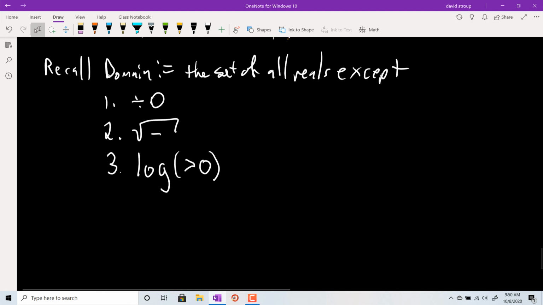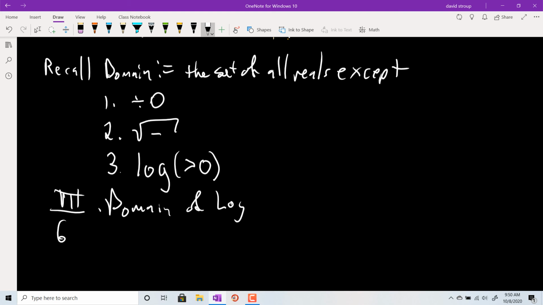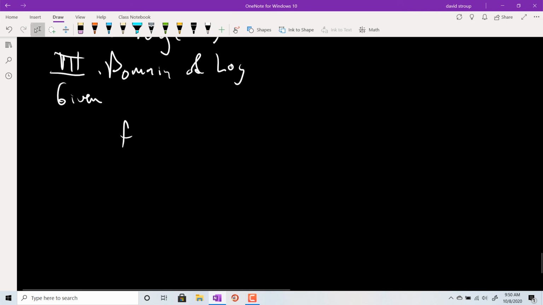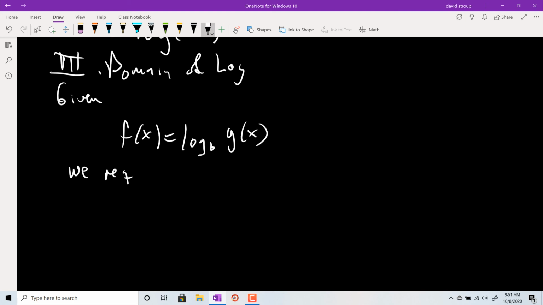Okay, so section 7, the domain of the log. Given the function f of x equals log base b of g of x, we require that g of x is greater than 0.